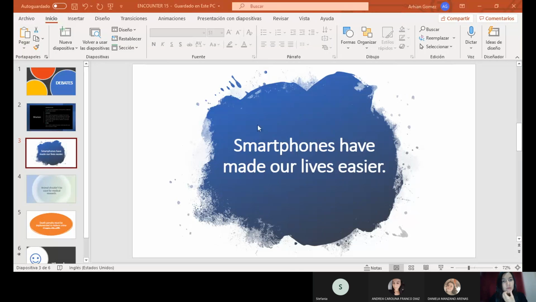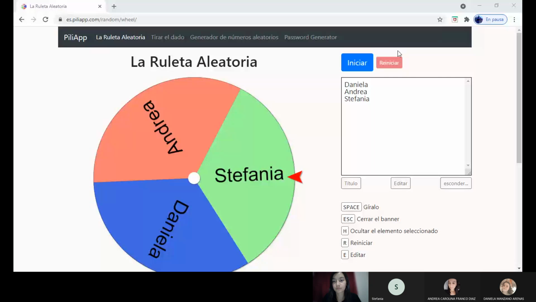Okay, let us begin. The first girls I named are going to belong to the pros group.